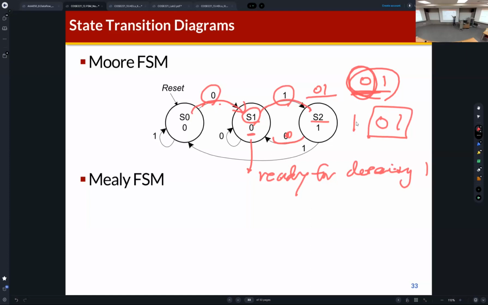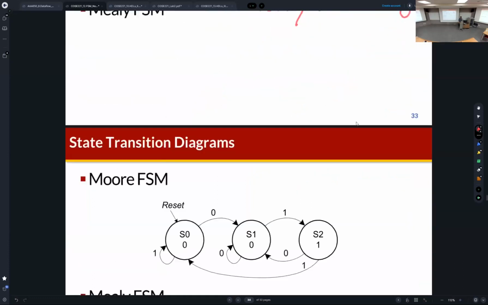Which means in the state transition, we need to take the 0 and 1. So we need to define S0, the initial state, and then based on the input signals, we can draw the state transition diagram of the Moore machine, the Moore FSM.